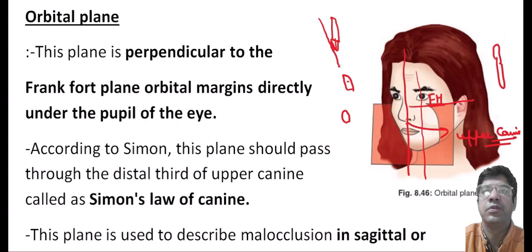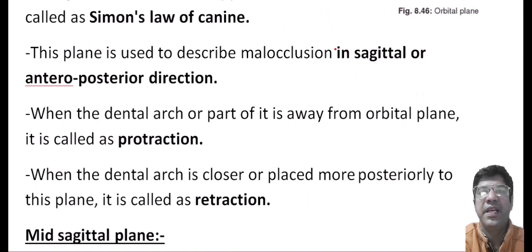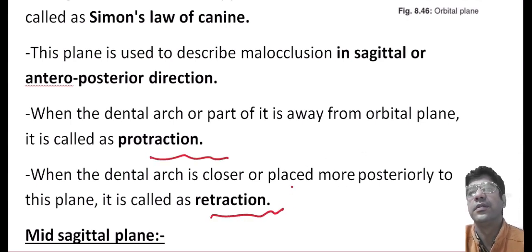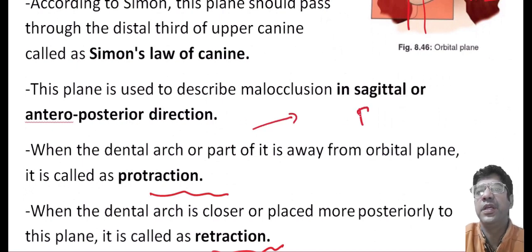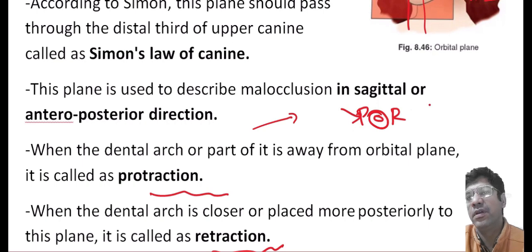So this plane should pass through the distal surface of the upper canine. This plane is used to describe malocclusion in the sagittal or anteroposterior direction. When the dental arch is away from the orbital plane, it is protraction, and when it is closer, then it is retraction. The mnemonic to remember is POR, orbital plane. When it is away from the orbital plane, it's protraction, and when it is close, it's retraction. POR, it's the mnemonic.